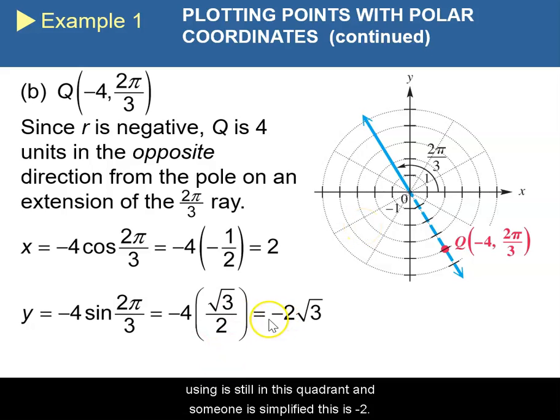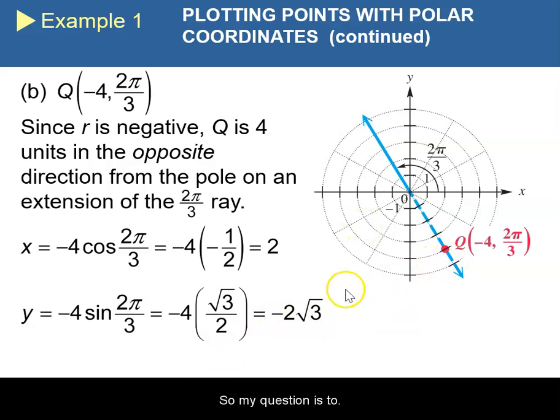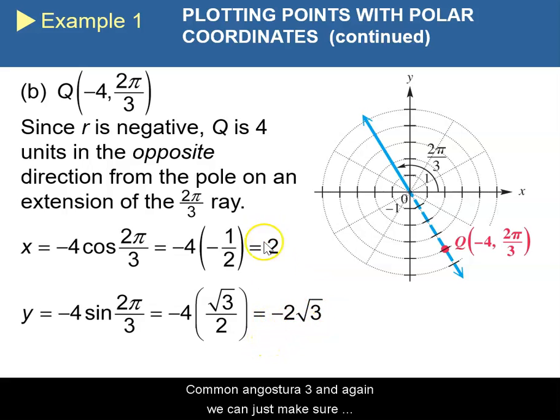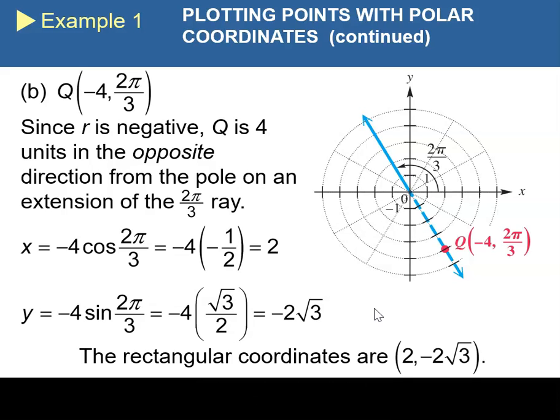And so when I simplify this, it's -2 root 3. So my coordinate is 2 comma -2 root 3, and again we can just make sure we're in the right quadrant, right? So this is positive x direction, negative y direction, that coincides with the correct quadrant that my point lies in. So that's just a quick check to make sure I'm at least in the correct ballpark of what it is I'm trying to do, right? So put those two together, and that is my correct point.